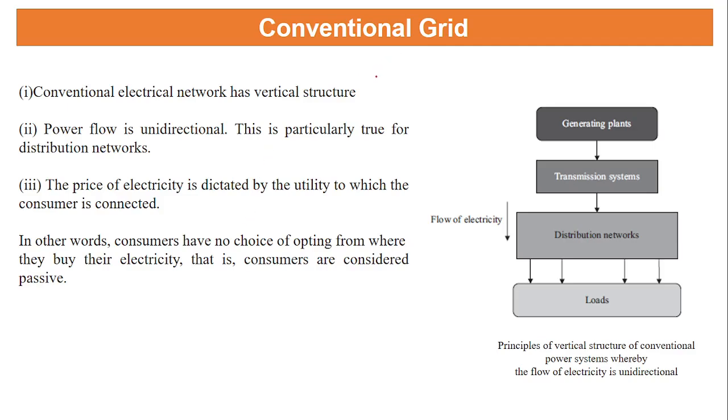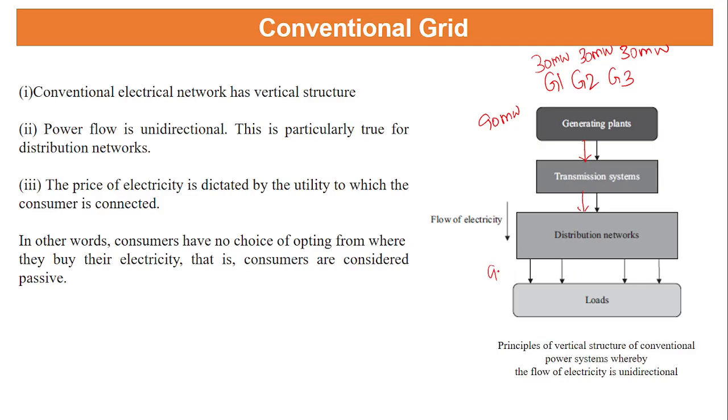Now you can see this is a conventional electrical plant. The generating station generates 90 megawatt, and it has generator 1, generator 2, generator 3. What we have seen in the previous scenario, 30 megawatt each. So it is totally transmitted, and it reaches the distribution station.